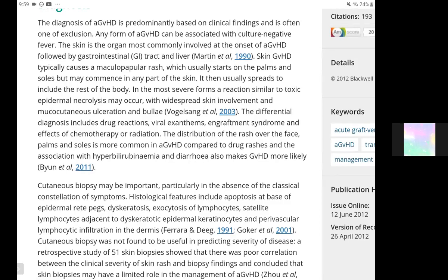That differential would depend upon whether the presenting complaint is more of cutaneous symptoms or GI symptoms or hepatic symptoms.